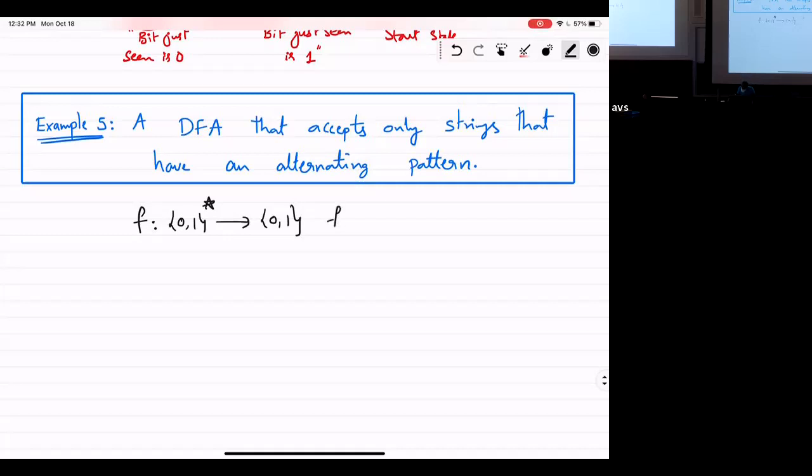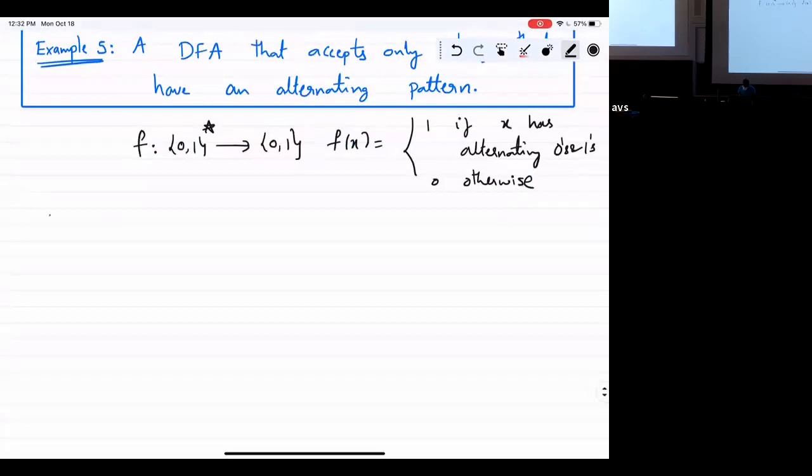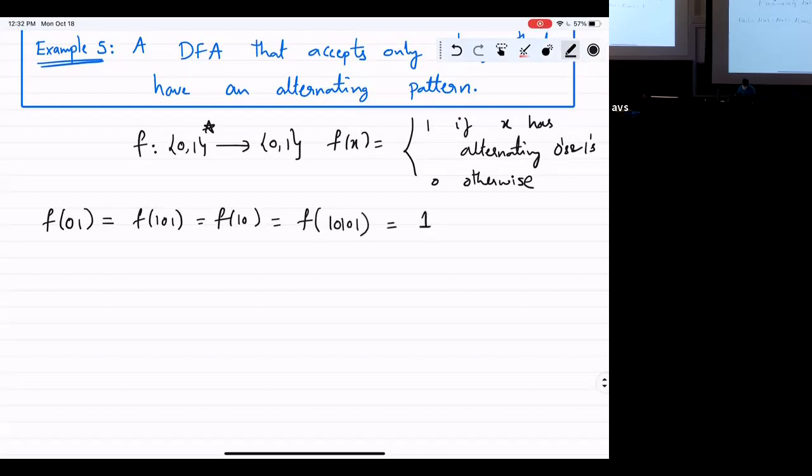Okay, so the function that we're trying to compute is 1 if x has alternating zeros and ones and 0 otherwise. Okay, so for instance, f of 01, f of 101, f of 10, f of 1010, 10101, these all should be 1.